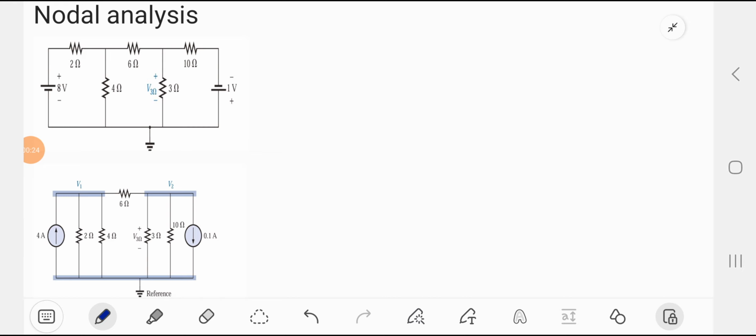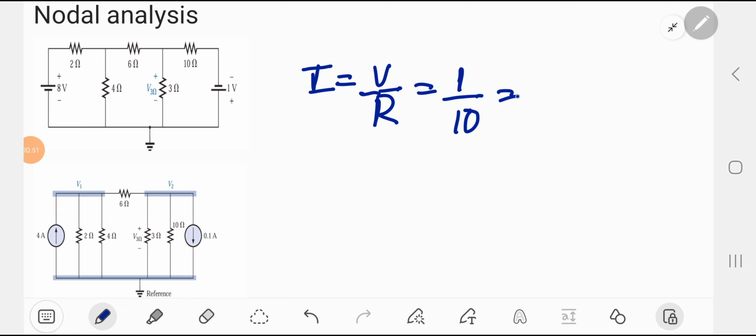So if we are going to convert voltage sources to current sources, we are going to apply Ohm's law. According to Ohm's law, I is equal to V by R. So here for this, V is 1 volt and R is 10, which is equal to 0.1 ampere.